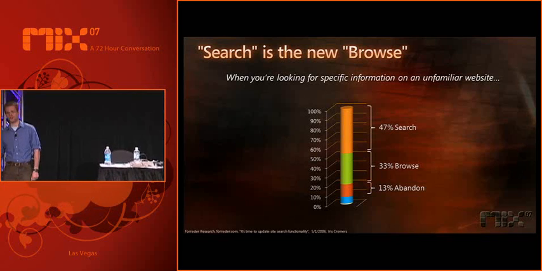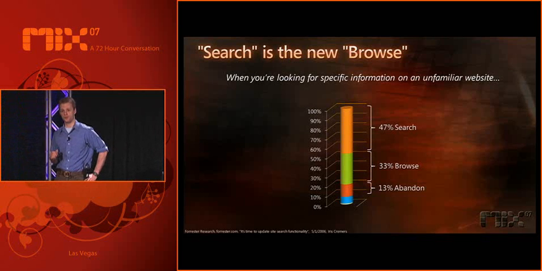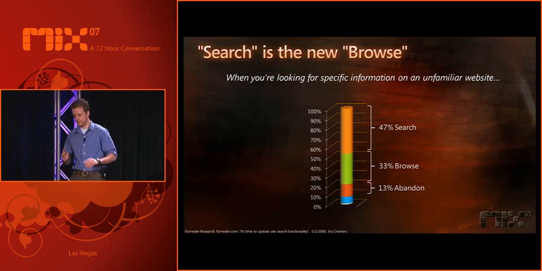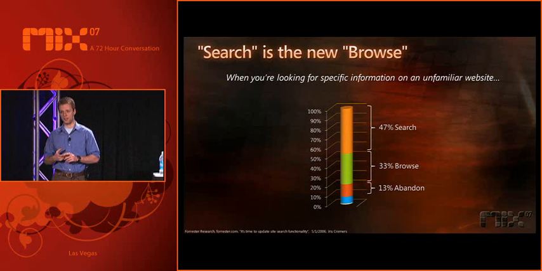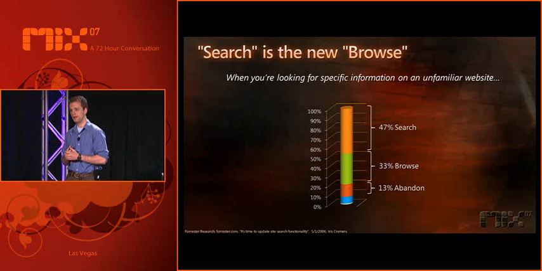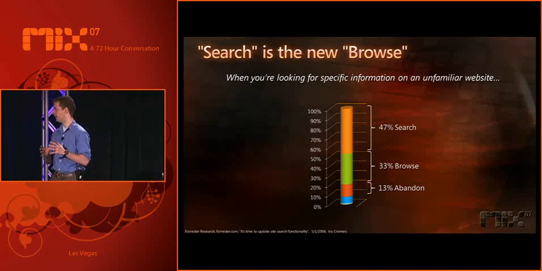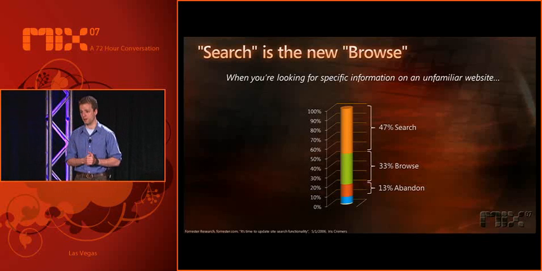So search, it turns out, is not just important on the web, but it's also becoming more and more important on your specific site. The expectations that users have based on their web searches are coming over to people's websites, where they're not browsing anywhere near like they used to. Instead, they're using the same search techniques that they've learned on the major search engines to hunt and peck for information.